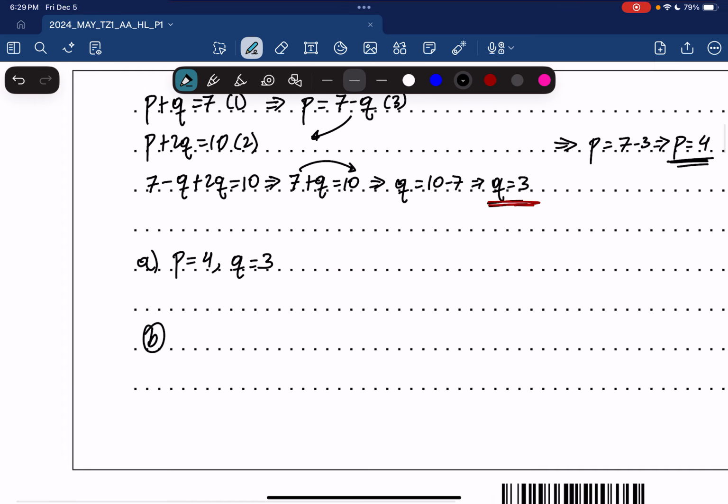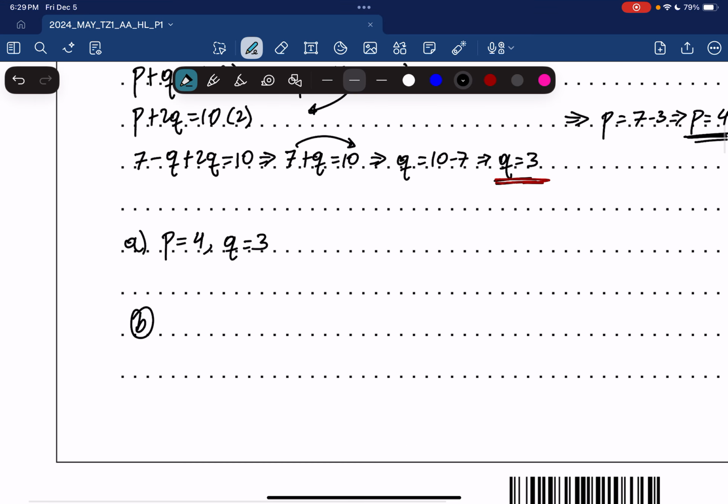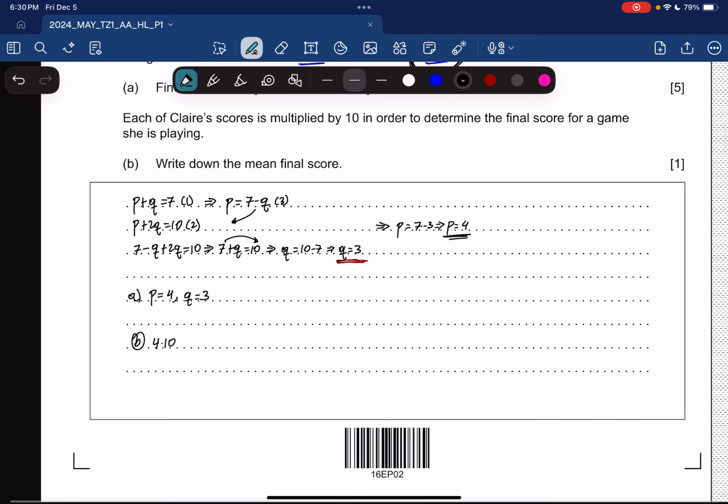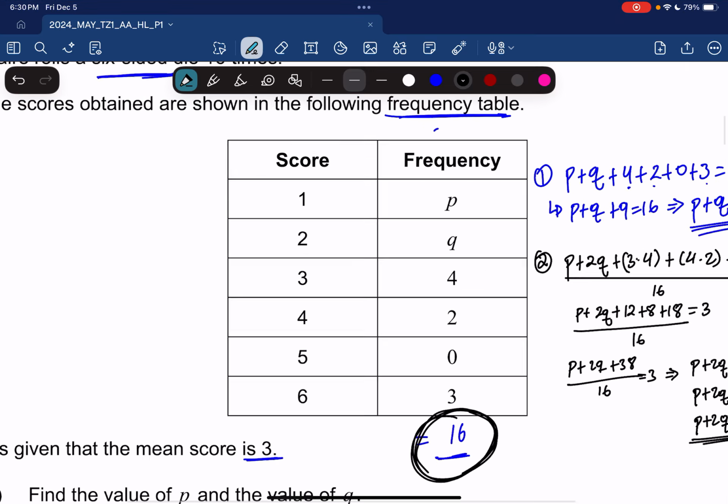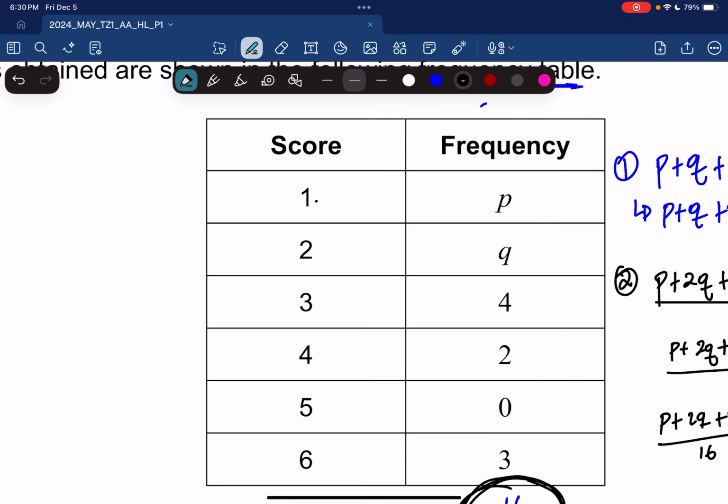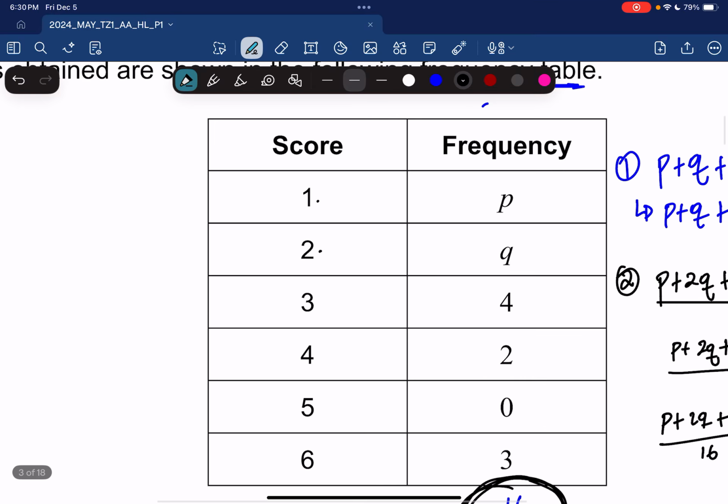So we get P, which is now 4. So we do 4 times 10, because the score was 10, and now the score is going to be 10 because we multiply by 10. Same thing goes for Q, which is going to be 20.